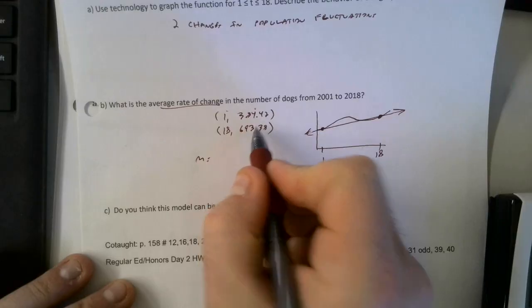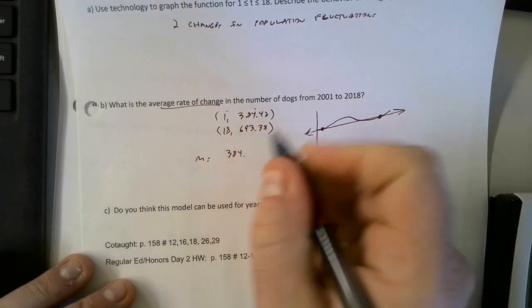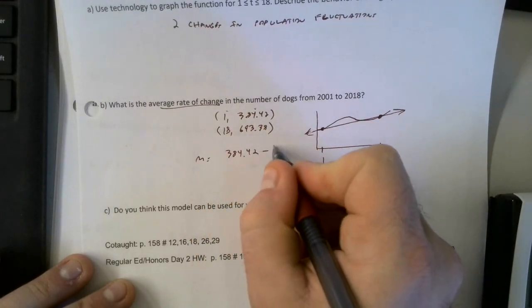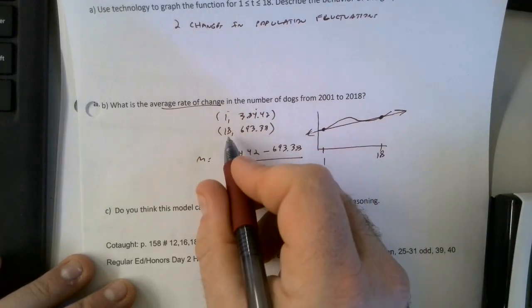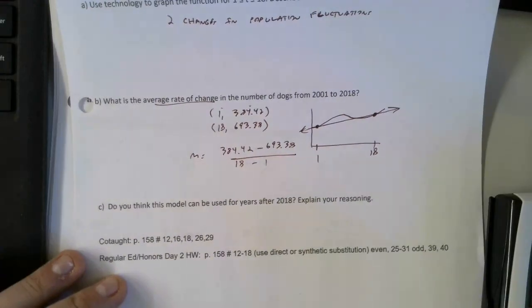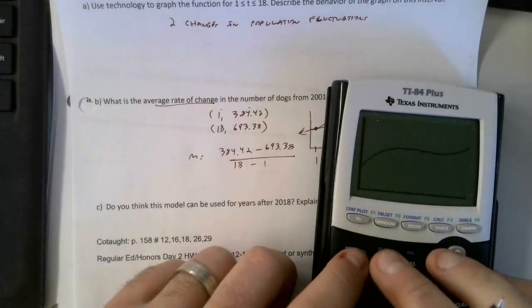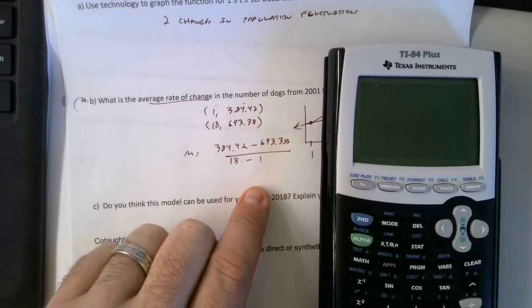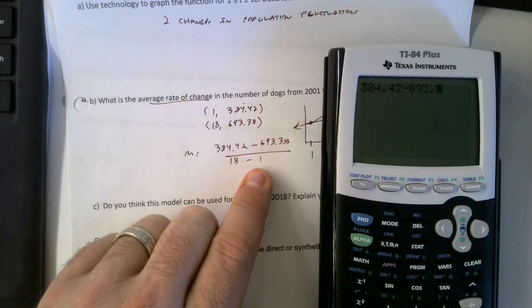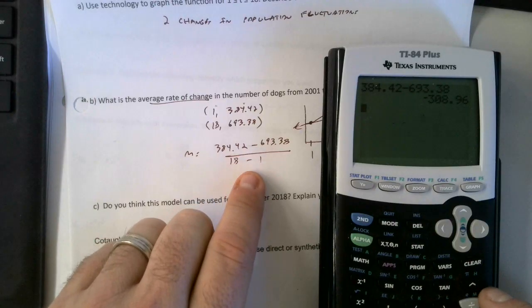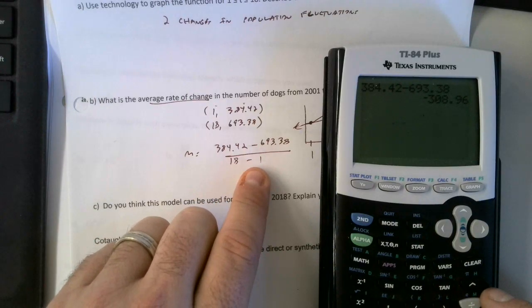Y2 minus Y1, 384.42 minus 693.38, all divided by 18 minus 1. So let's go ahead and calculate that. 384.42 minus 693.38, all divided by 17.